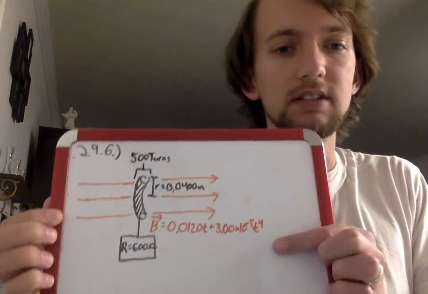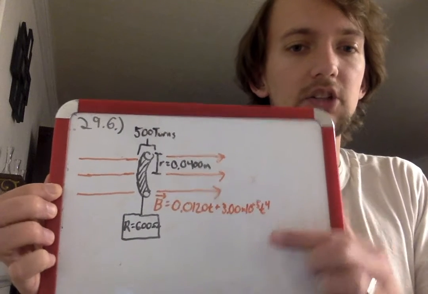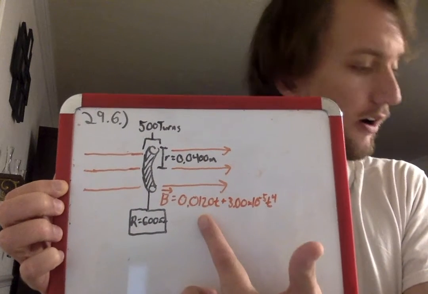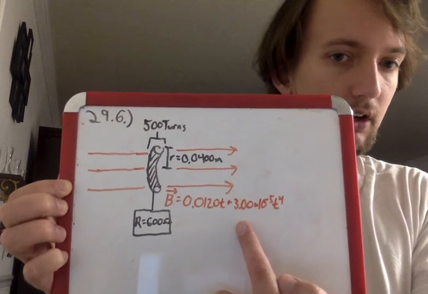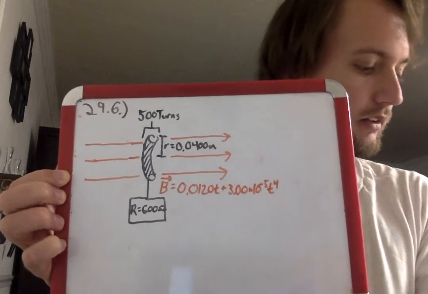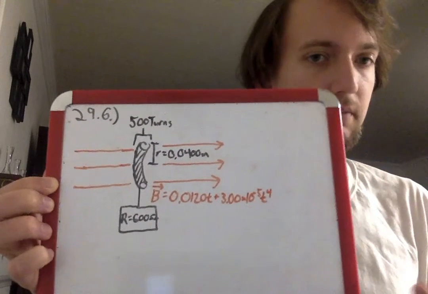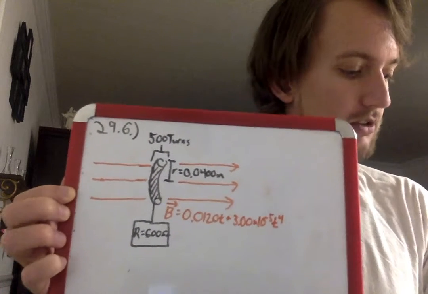Simplified, I've taken the units out, but that is the equation there. Units originally over here are Teslas per second, and over here are Teslas per second to the fourth. And so it evens out here to give us just Teslas, which is what the magnetic field is measured in.